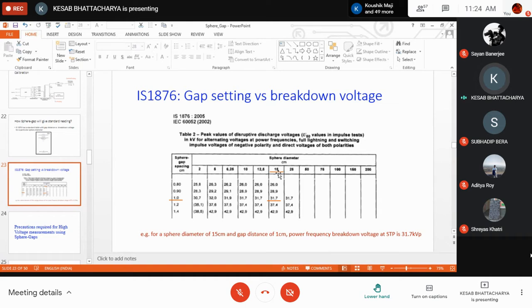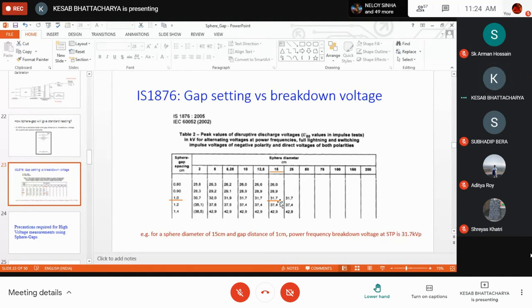Therefore, for a 15 centimeter diameter sphere and 1 centimeter gap distance, at standard temperature and pressure, the AC breakdown voltage peak value will be 31.7 kV peak.